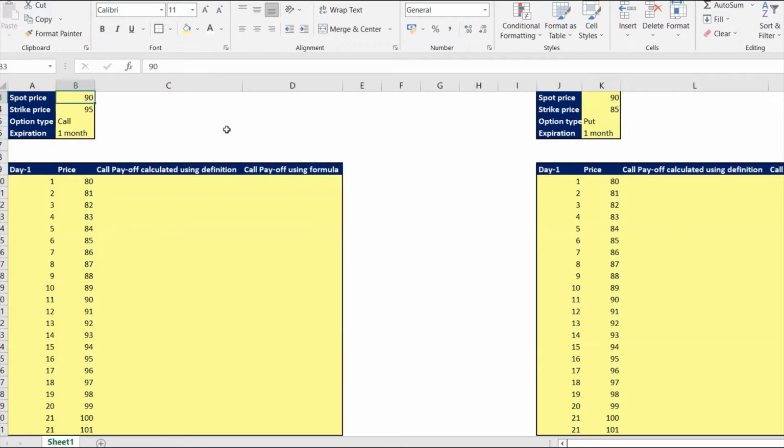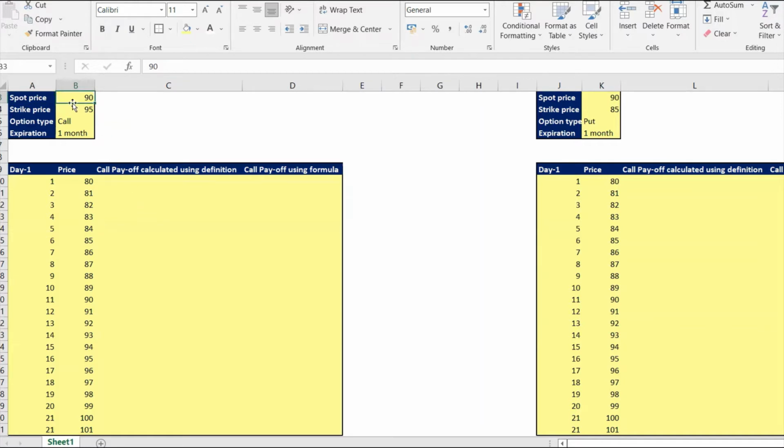And what is the advantage of buying a call option instead of buying the stock? You need a very small amount of funds compared to buying the stock directly at 90 if you need some quantity. So with relatively very little funds, you can create the same position using a call option.